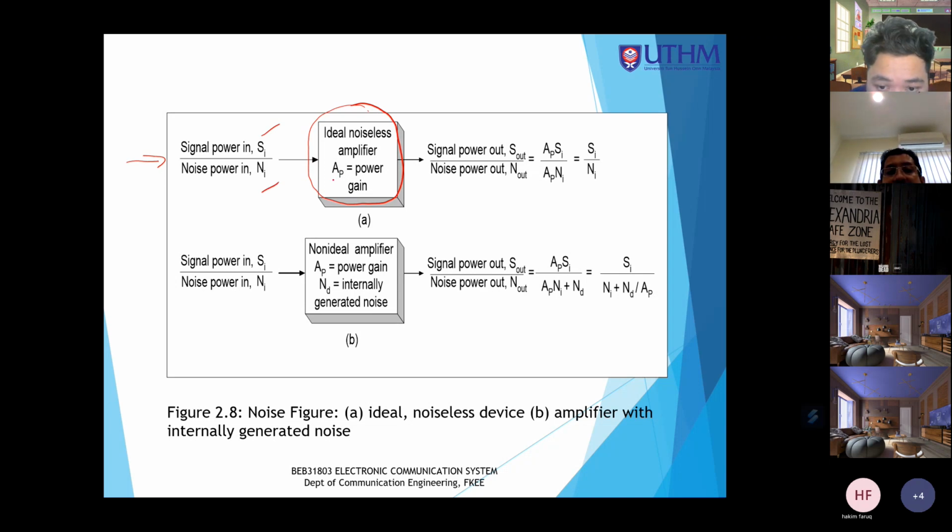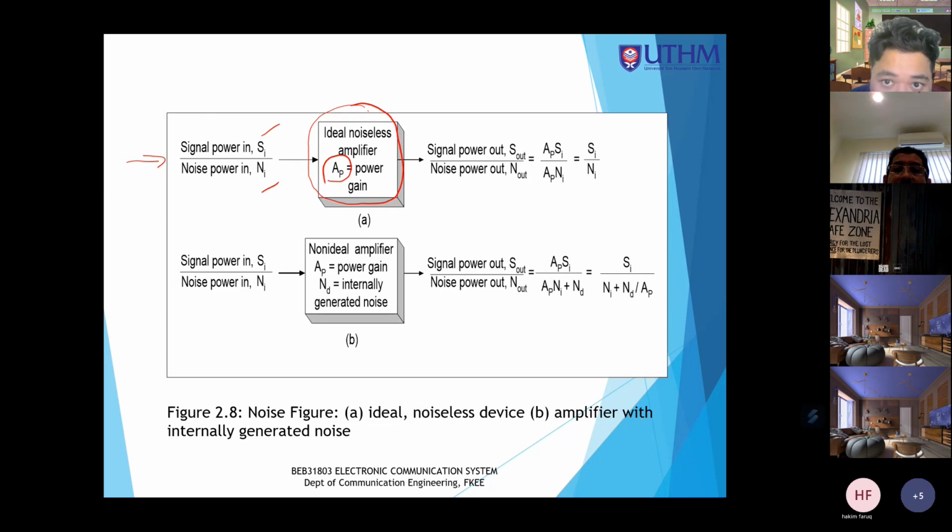And this amplifier has a gain of A. Okay, dia punya gain adalah A. Okay, so what happened? So when it goes through the system, both the signal power and also the noise power will be amplified. Okay, apabila kedua-dua ini masuk ke dalam sistem, of course, dengan noise sekali pun dia akan gandakan sekali. Bukan hanya signal, noise juga akan digandakan.